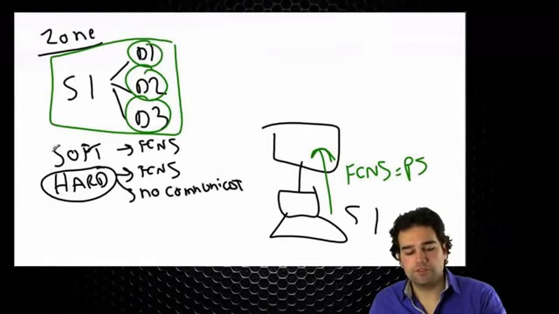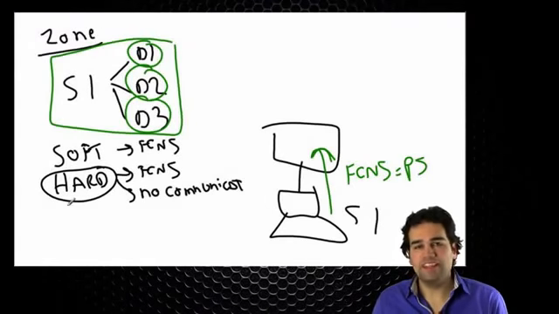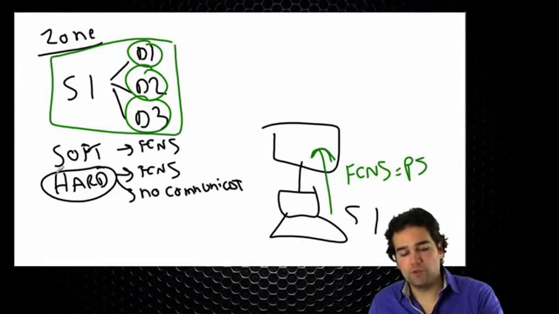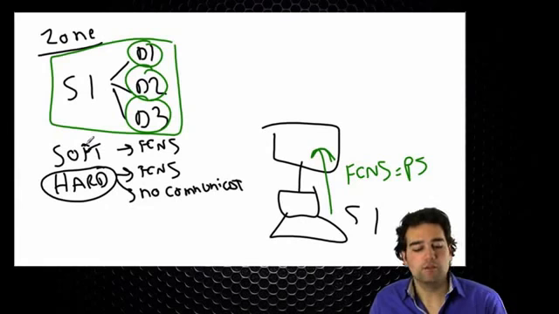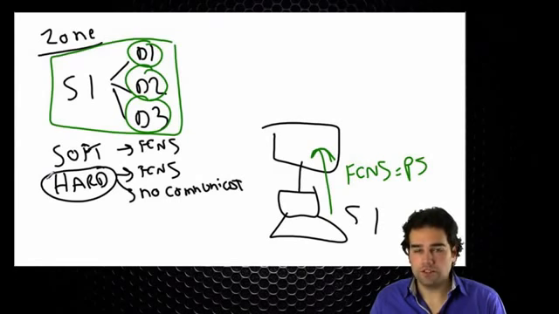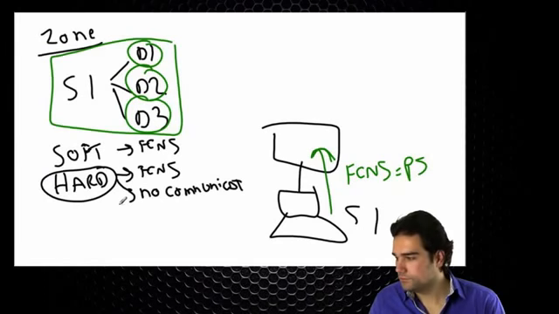But that's the difference. In the beginning of fiber channel, there were some switches that could not do hard zoning, only soft zoning. But that's no longer the case. But that difference is still important to understand. So that fiber channel name server reply is always going to be customized to the zoning database. And with hard zoning, I even prevent communication between everything.